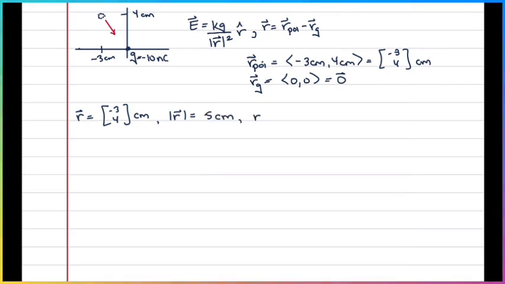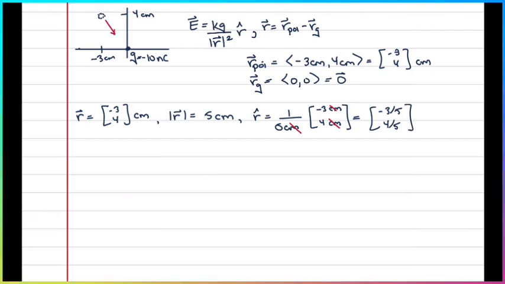And then the unit vector is 1 divided by this magnitude, so 1 divided by 5 centimeters, multiplied by -3 centimeters, 4 centimeters, the original vector. Note the units cancel, and this becomes a vector that looks like -3 over 5, and then 4 over 5.